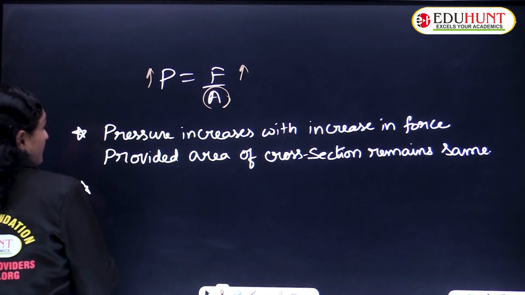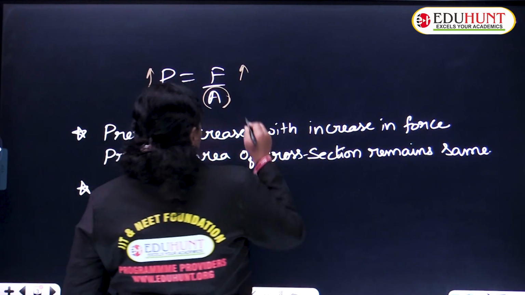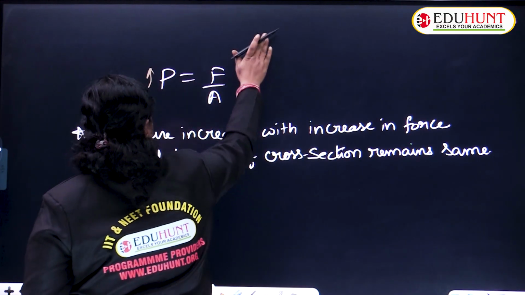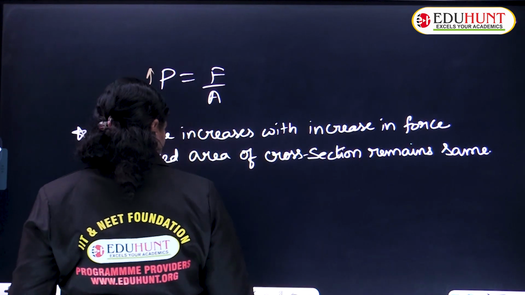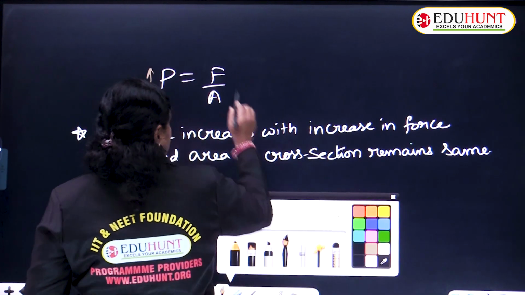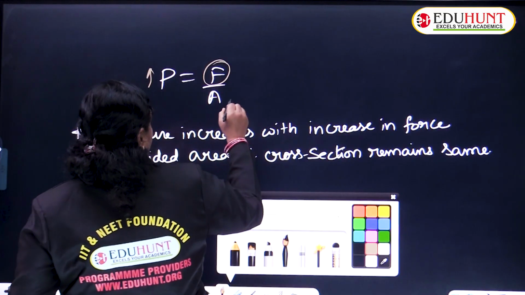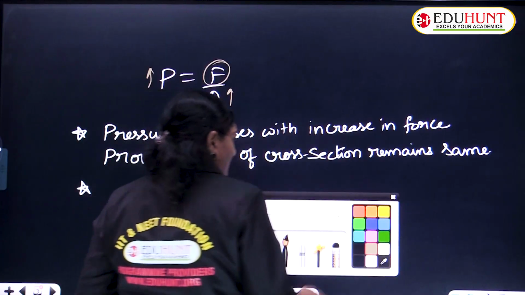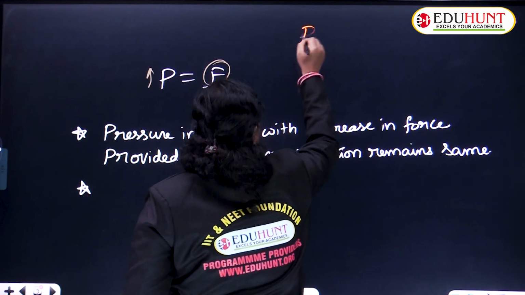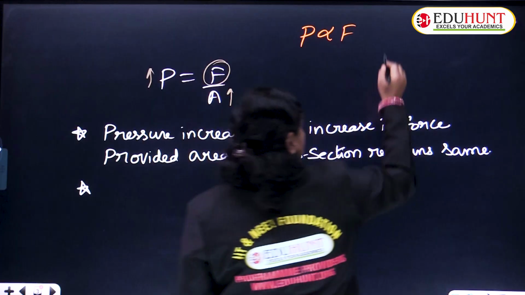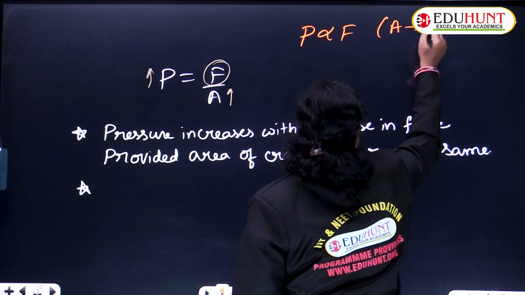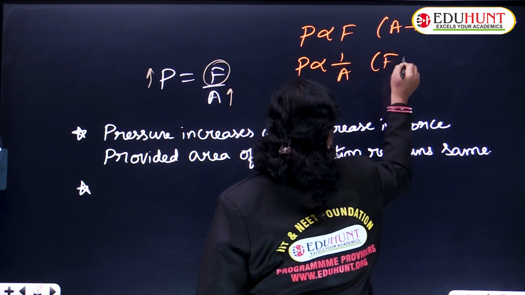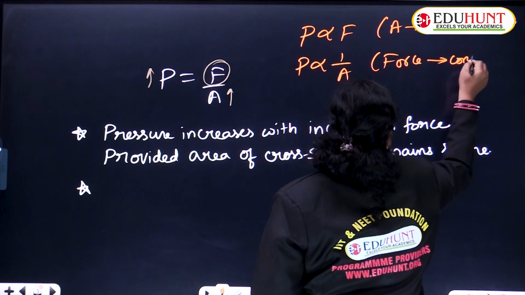Similarly, in the second case, if force remains constant and area increases, pressure is inversely proportional to area. Earlier we observed that pressure is directly proportional to force if area remains constant, and similarly pressure is inversely proportional to area if force remains constant.